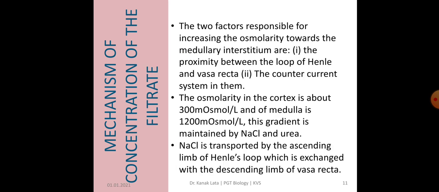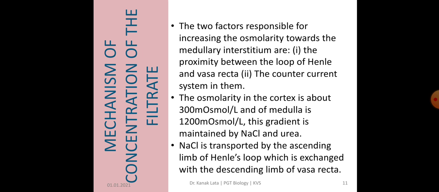The two factors responsible for increasing the osmolarity towards the medullary interstitium are the proximity between the loop of Henle and vasa recta and the counter current system in them.